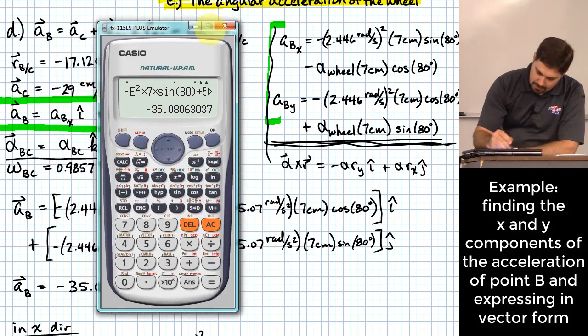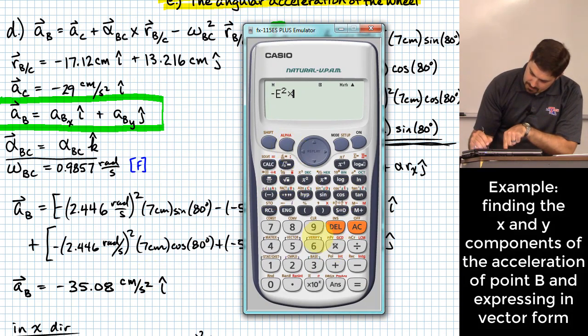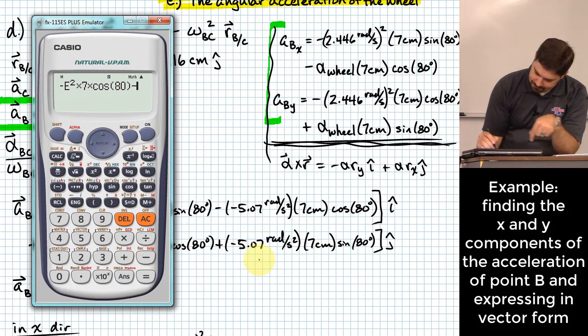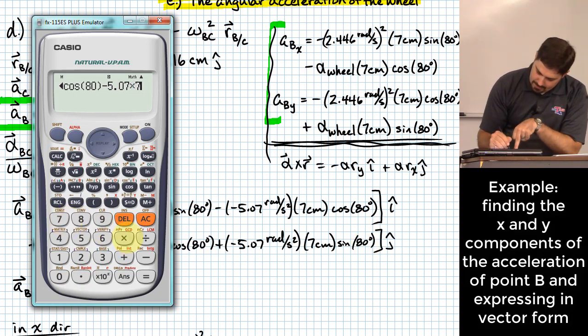Okay, for the next one, I will have minus E squared times 7 times the cosine of 80 minus 5.07 times 7 times the sine of 80. Just like that.